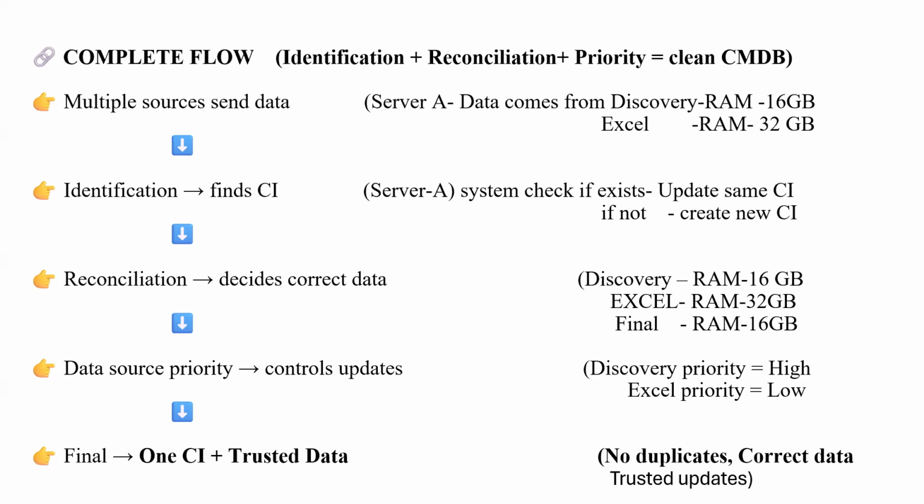For example, server A data comes from Discovery with RAM 16 GB, and data from Excel says the RAM is 32 GB. Which source can be selected? The data from Discovery is selected. That is the IRE, identification and reconciliation rule.